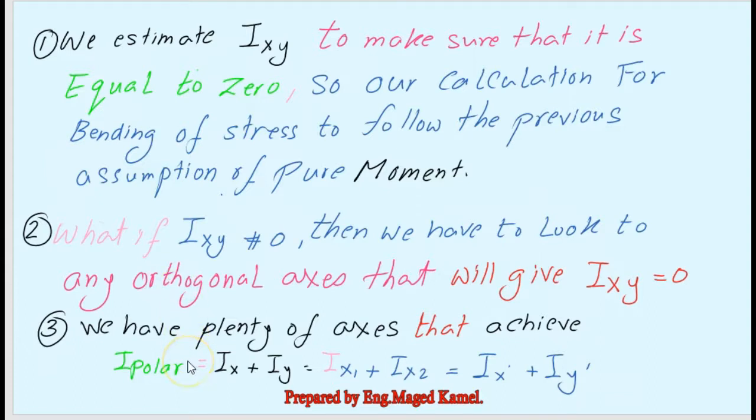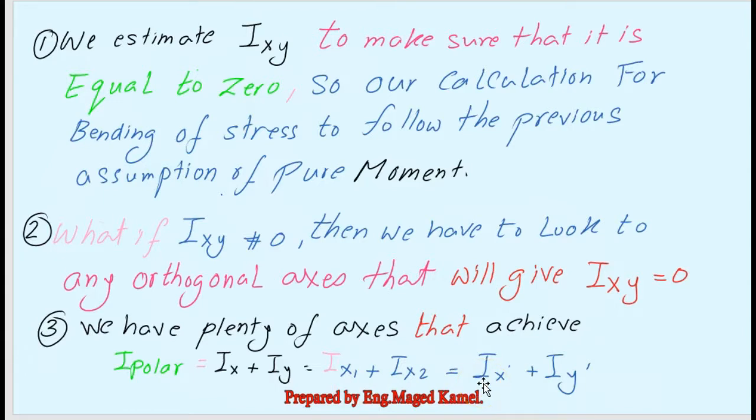Still, the polar moment of inertia is constant, so it means that we have plenty of axes that will achieve I polar equal to Ix plus Iy, or equal to Ix1 plus Ix2, or Ix dash plus Iy dash.